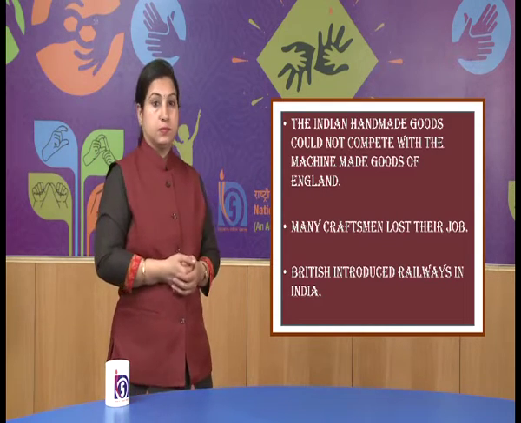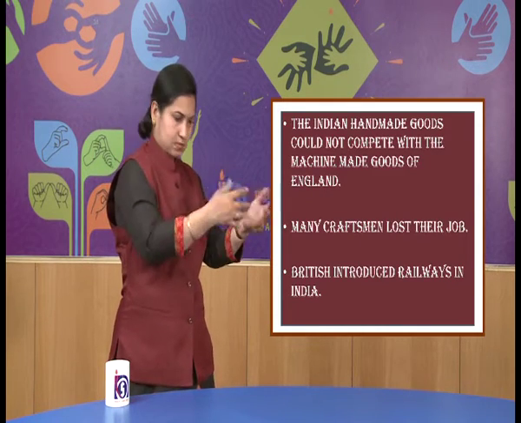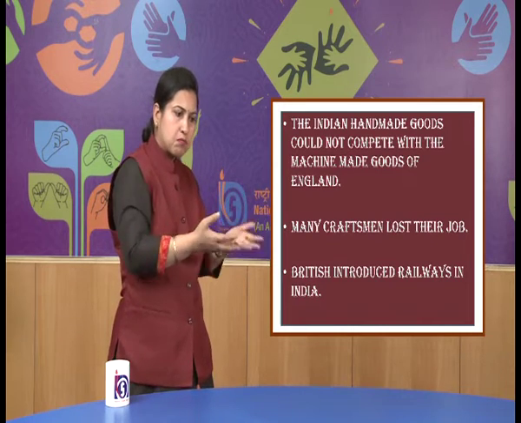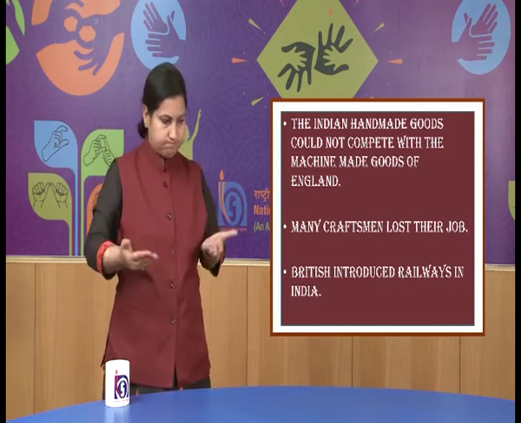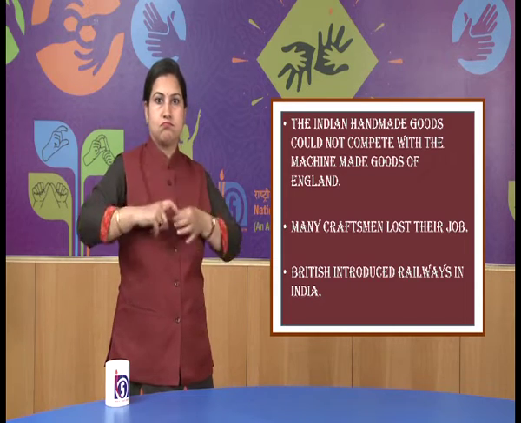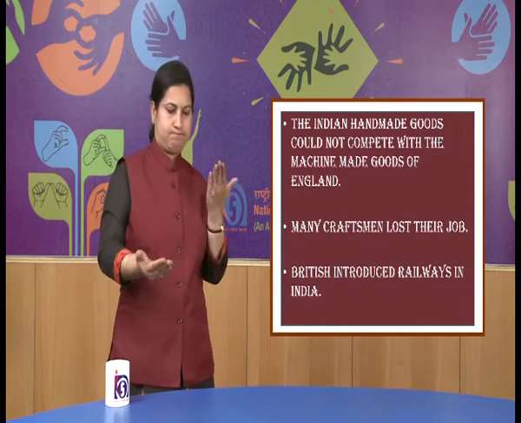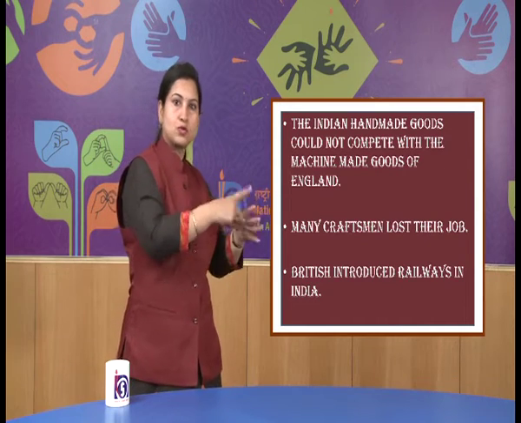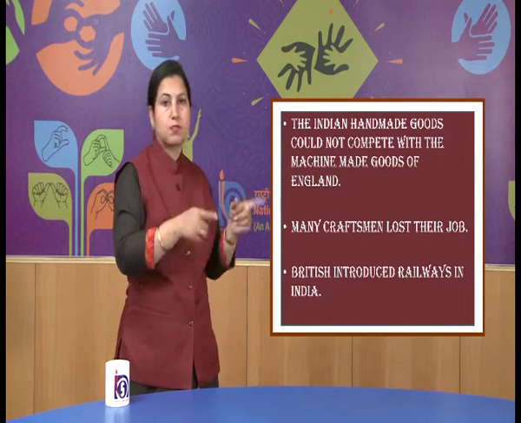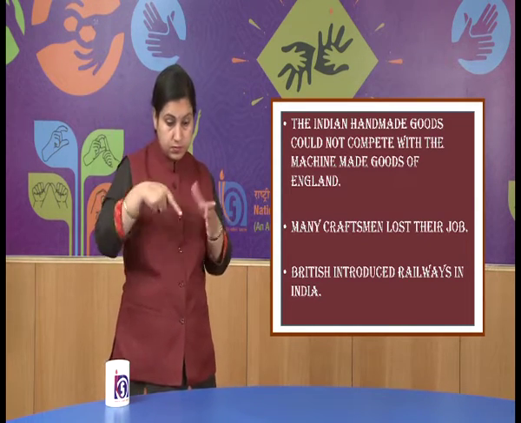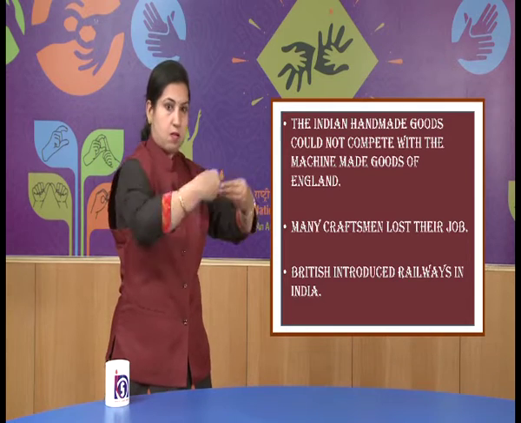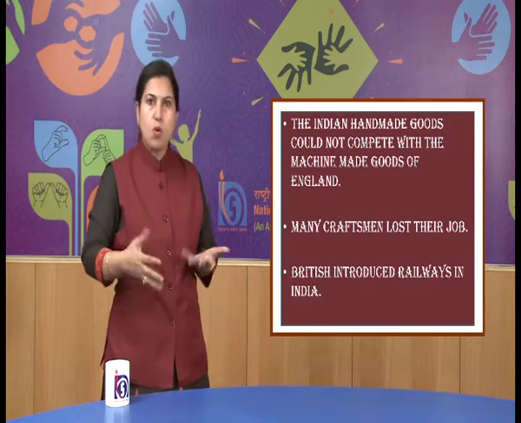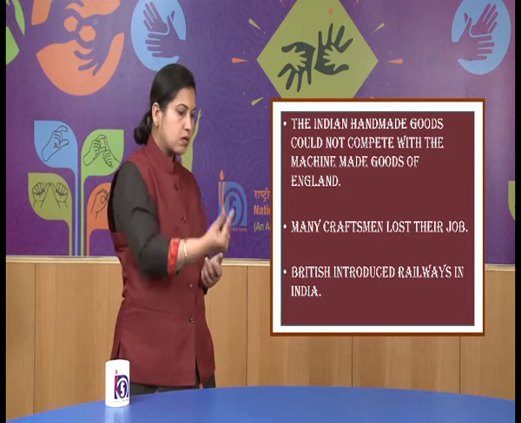The Indian handmade goods could not compete with the machine made goods of England. Many craftsmen lost their job as the British sent Indian raw materials to their country. Very little was left for the use of Indian industries.